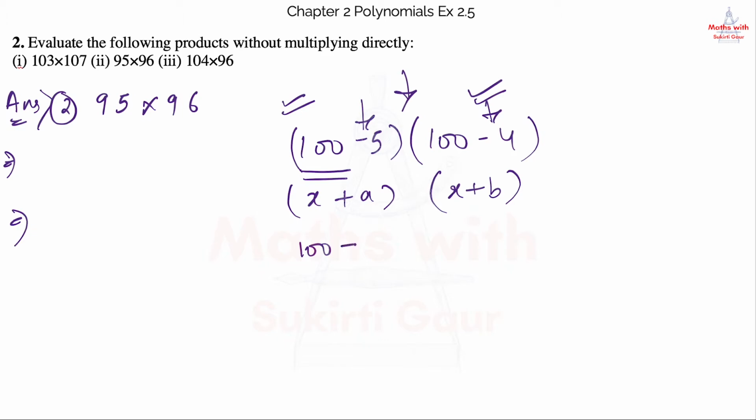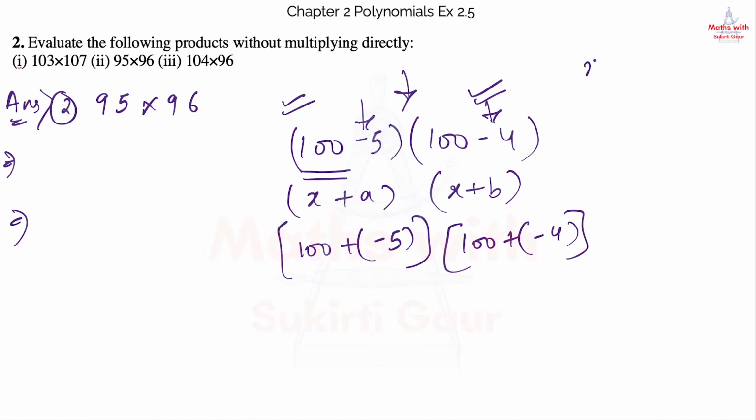Just write 100 plus minus 5 and 100 plus minus 4. So here now we have x as 100, a as minus 5 and b as minus 4, if we compare these two. Taking all these values, applying on the expansion.